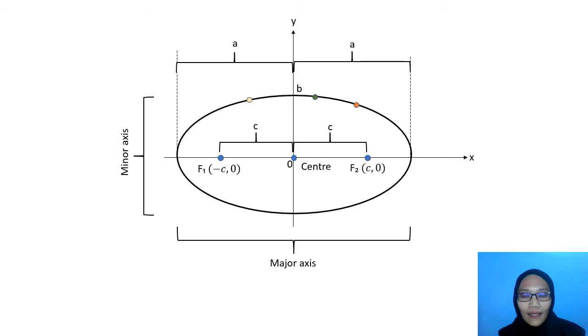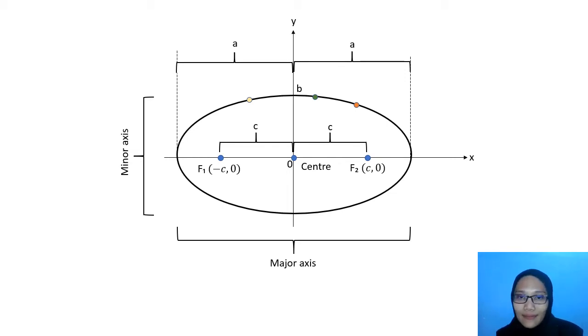The major axis is the horizontal axis, which is the x-axis, and the minor axis is the vertical axis, which is the y-axis. The length of the major axis is 2a, and the semi-major axis is a. For the minor axis, the length is 2b and the semi-minor axis is b.